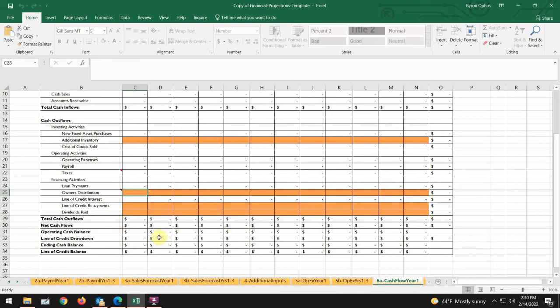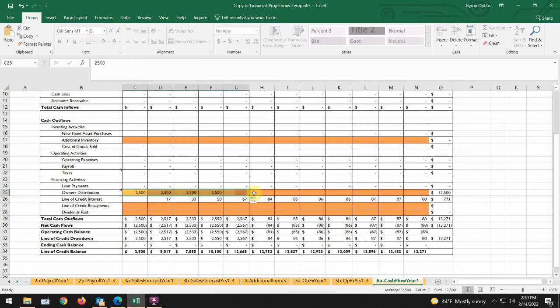But the important thing is, if it's getting too big down here, this bottom line, I'll give you an example. If I'm going to pay myself $2,500 per month, we'll just do it for a few months, you can see that my line of credit balance is just going to keep increasing by that $2,500.